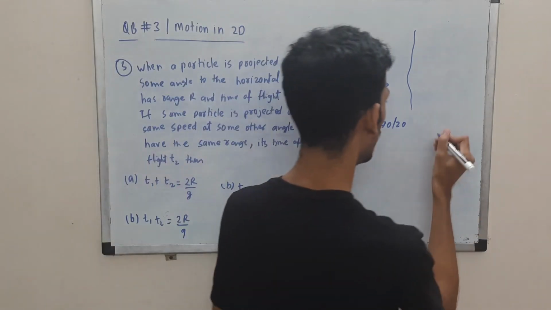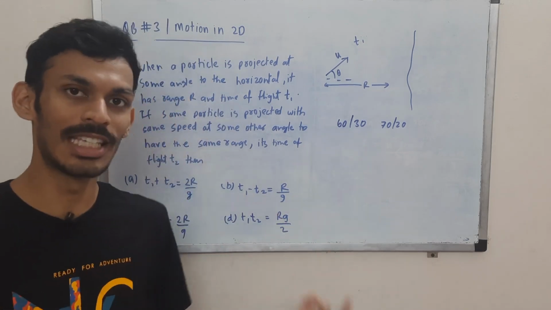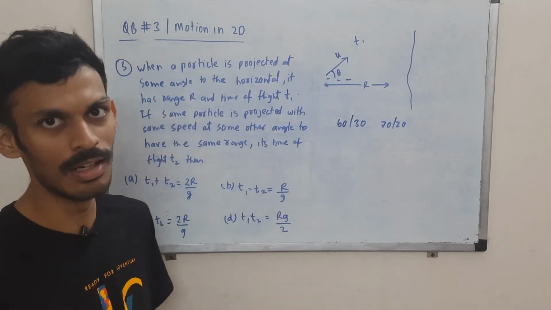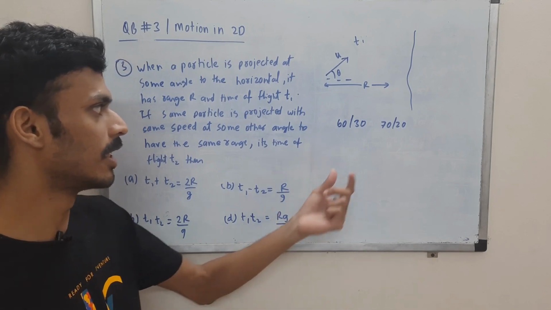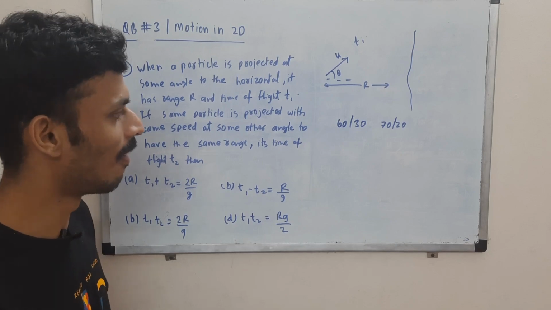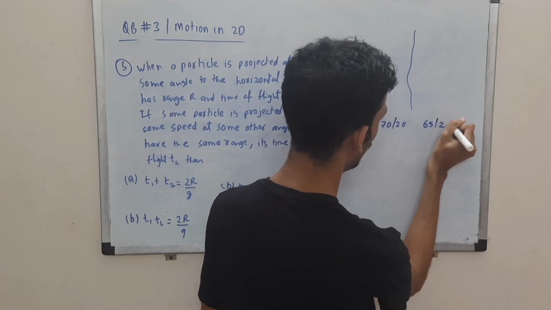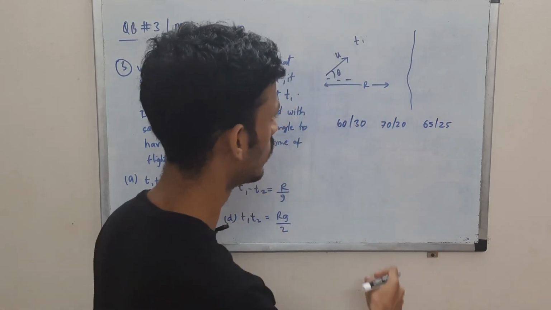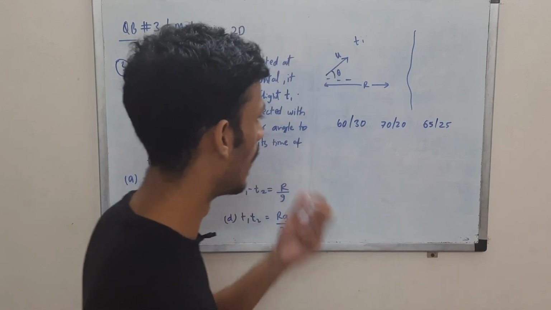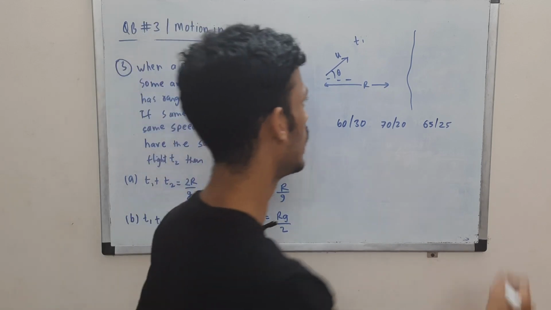Two angles that add up to 90 will have the same range provided they are thrown with the same velocity: 60-30, 70-20, or 45-45, that is obvious, or 65-25. Basically two complementary angles that add up to 90 will have the same range.